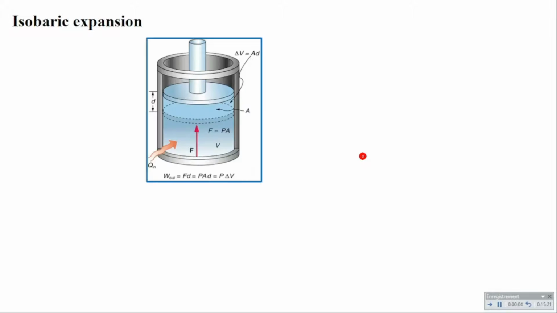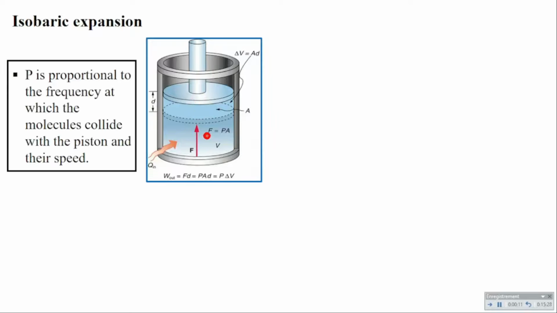Let's see in isobaric expansion, that means the gas here is going to expand against the constant pressure. This is an expansion at a constant pressure. As we know, the pressure is proportional to the frequency at which the molecules collide with the piston, and it is also proportional to the speed.